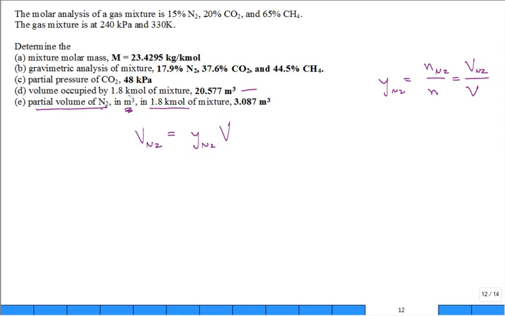So what was our mole fraction for the nitrogen? 0.15 times 20.577 meter cubed, and you'll get 3.087 meter cubed. There are other ways to solve it, but that one's a pretty fast way. Okay? Thank you. I forgot to say thank you, huh?